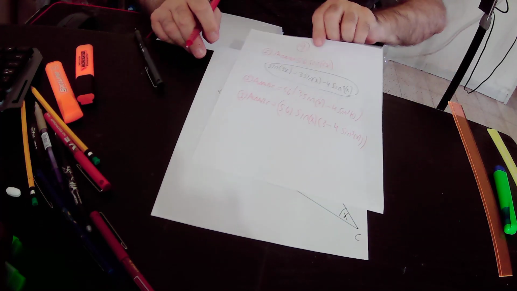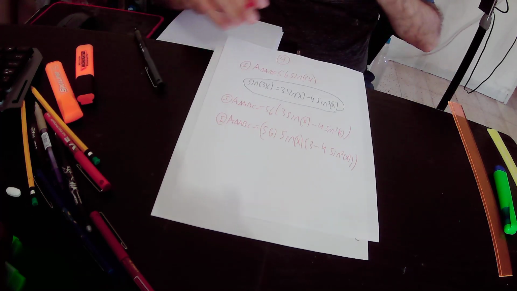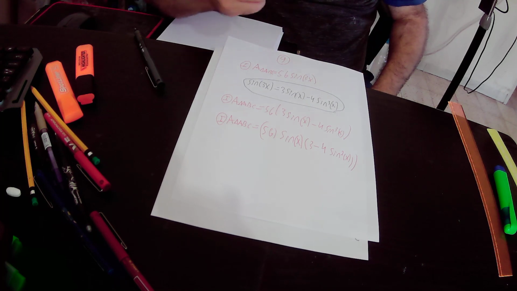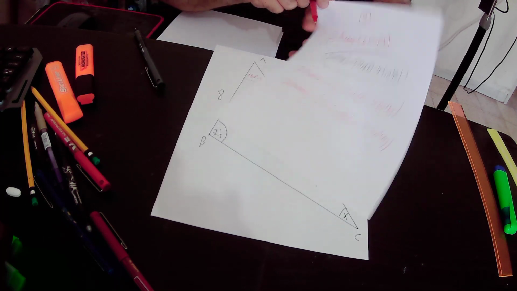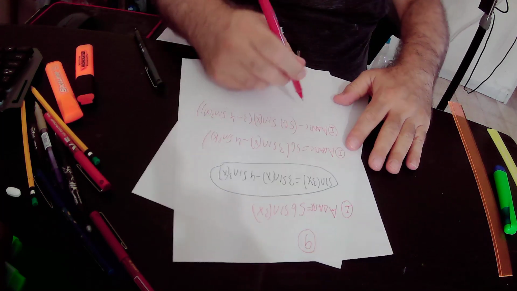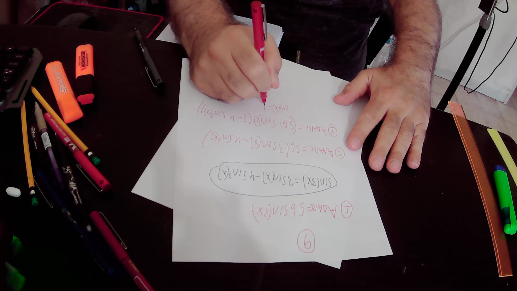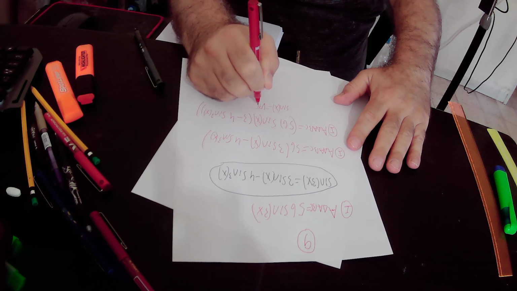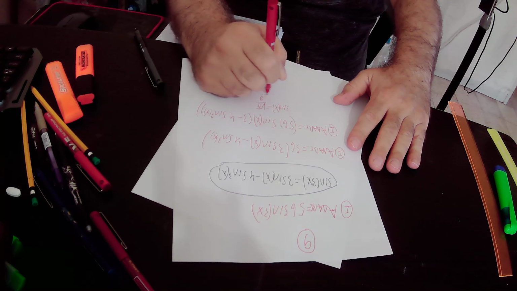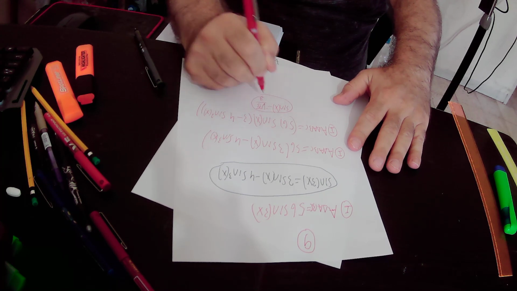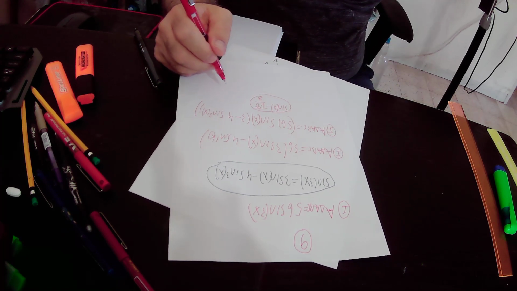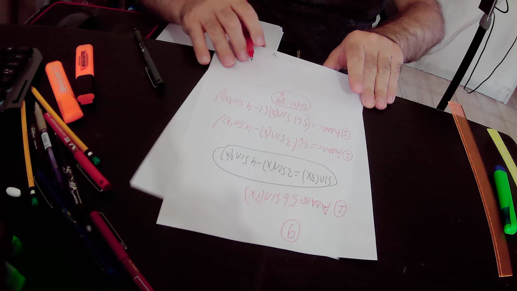So we have this equality, but we have already found out that sine x equals root 15 over 8. We will square this equality in order to find the value of sine square x.